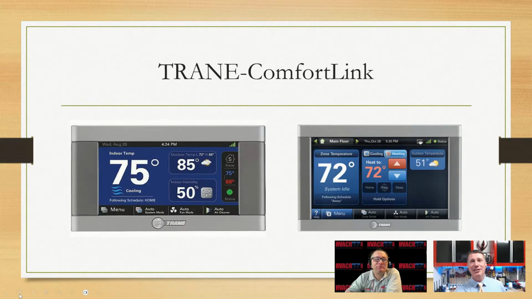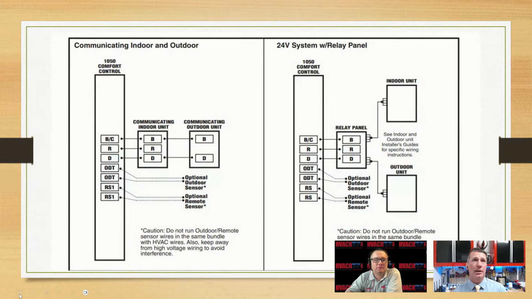All right, let's dive into Comfort Link, another great communicating system out there. How does it work? Maybe a tad bit different. At my indoor unit, I've got B, R, and D. My outdoor unit has got B and D. Our outdoor unit only needs communication.